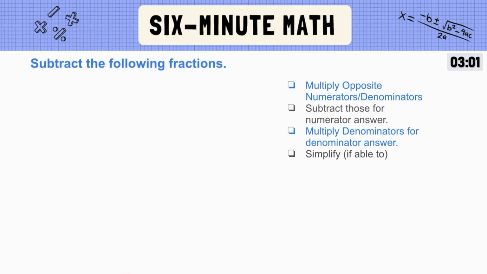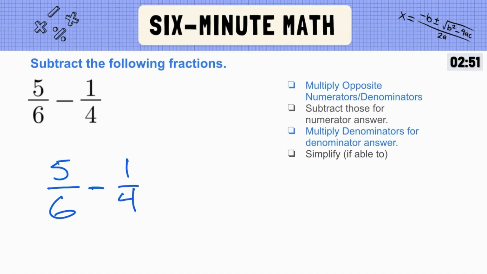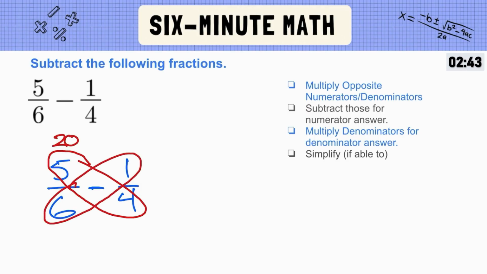Let's check out another example. We have 5/6 minus 1/4. 5 times 4 is 20, and 6 times 1 is 6.